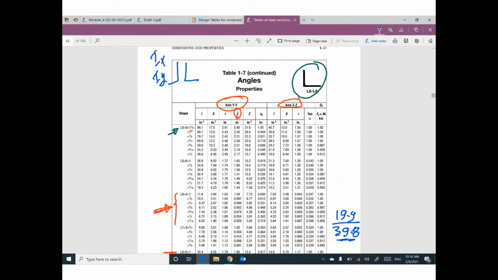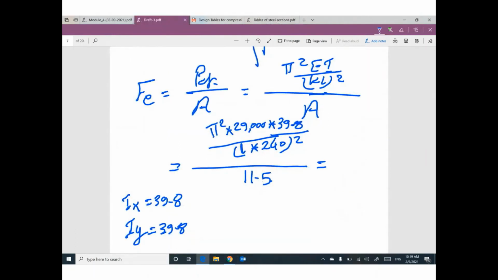So I went back to the table for one angle and got the value of IX and IY for one angle. Just multiply them by 2, and you get the IX and IY for double angle. It's very simple. Okay?